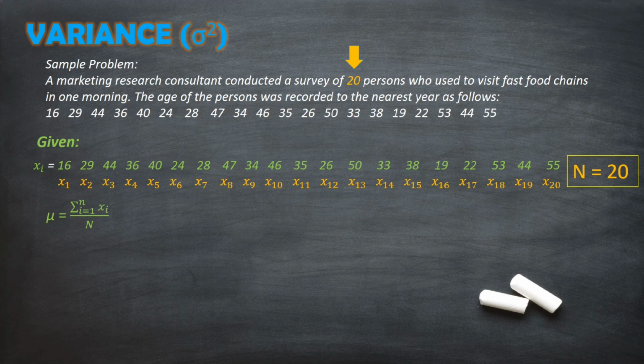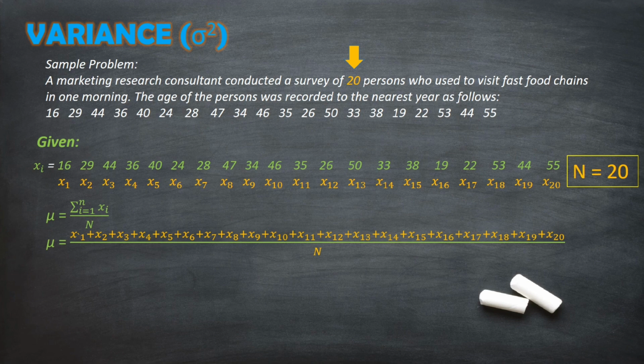This is the summation of our x sub i's, with i from 1 to 20. Our population size is 20, or the total number of data we have is 20. So we solve x sub 1 plus x sub 2 plus x sub 3 up to x sub 20.